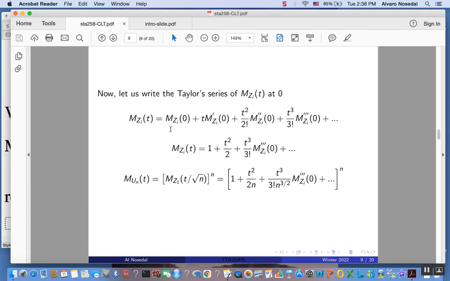Now, remember the properties that we talked about, that any MGF evaluated at 0 equals 1. So we have that, right? Now, remember that M prime at 0, meaning the first derivative of the MGF evaluated at 0, gives you the expected value of your random variable. Well, in this case, the expected value is 0. So t times 0, gone, right? Now, M double prime of Zi at 0 is going to be the expected value of Zi squared.